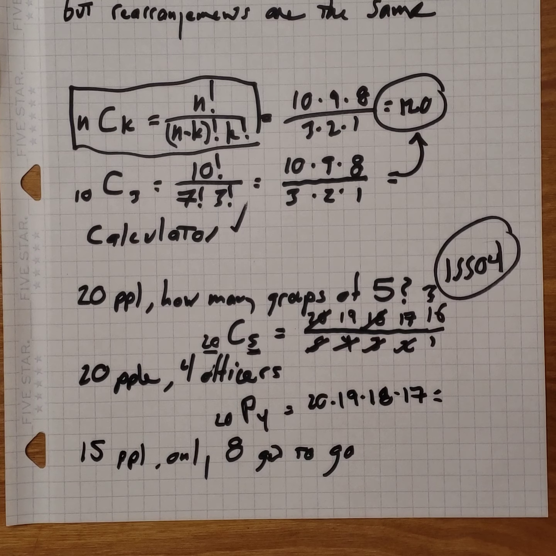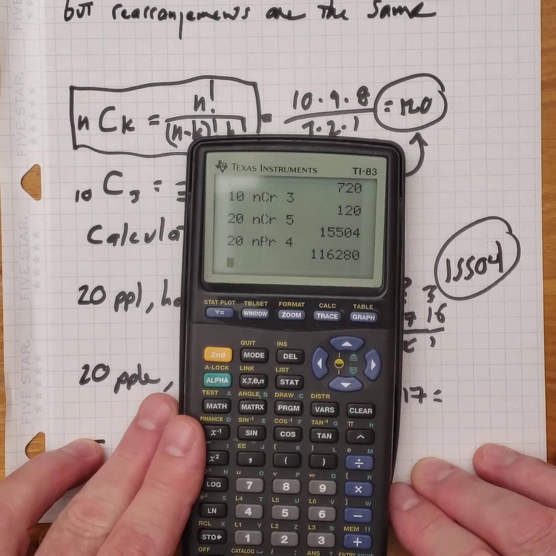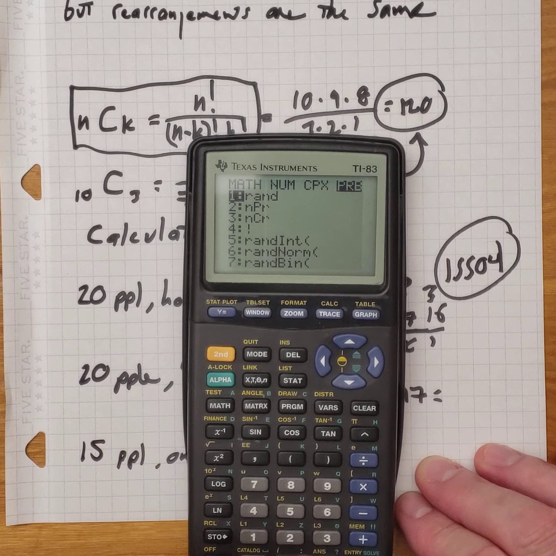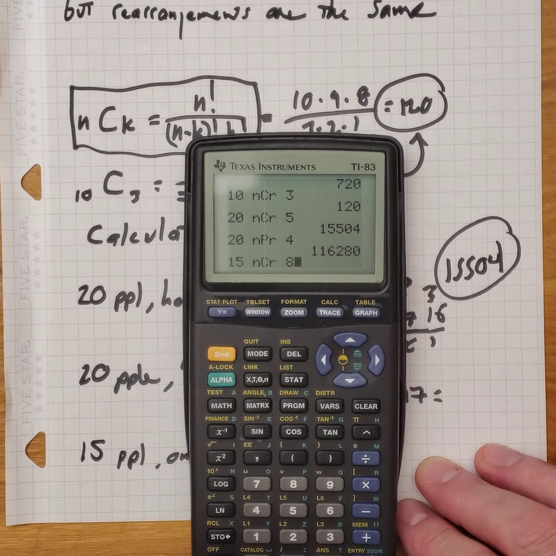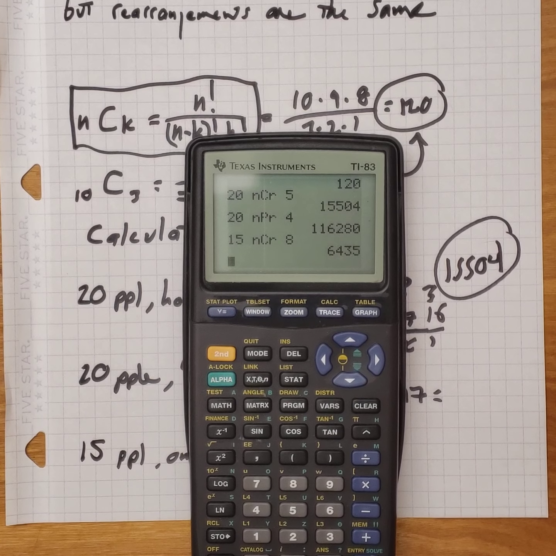So that is a combination. Order does not matter. And we start with the number that's in the group, so 15. And then combination, nCr, only the 8 get to go. And there's going to be 6,435 ways that we could possibly choose those 8 people.